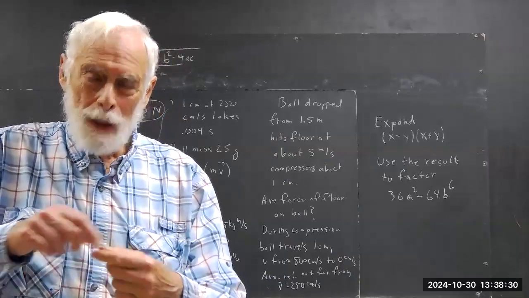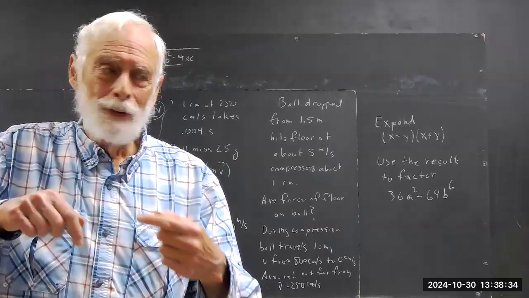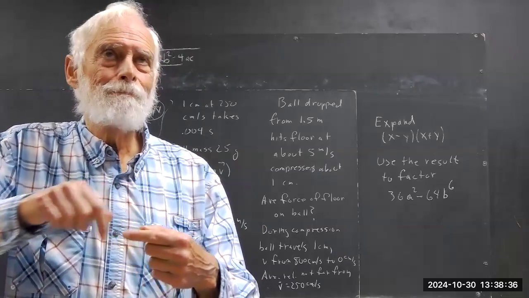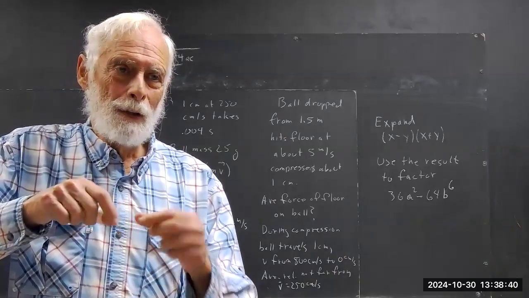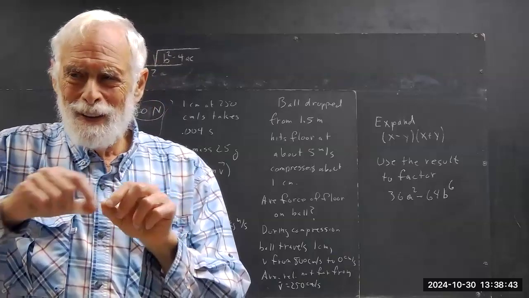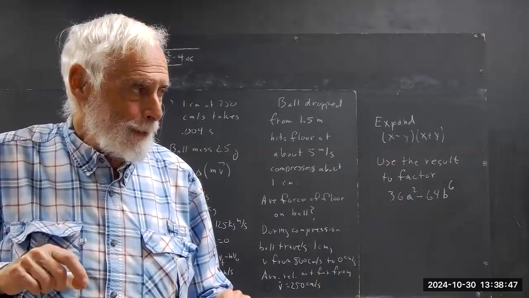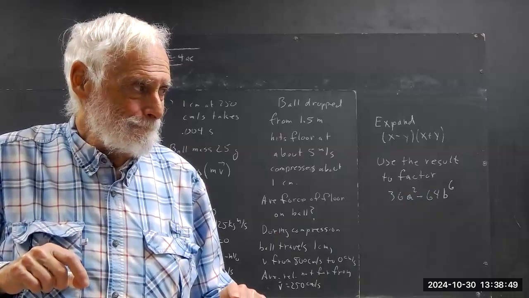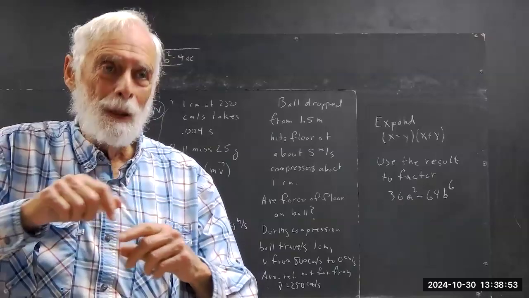The string is wrapped around the pulley. There's a fair amount of string wrapped around that pulley. So actually, the radius of the circle or near circle that's being followed by the point of the string that's unraveling from the pulley is not going to be constant. It's going to be actually a spiral.